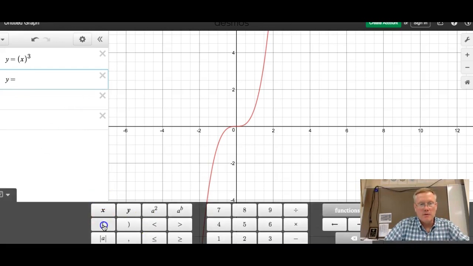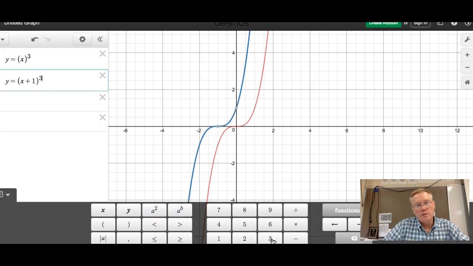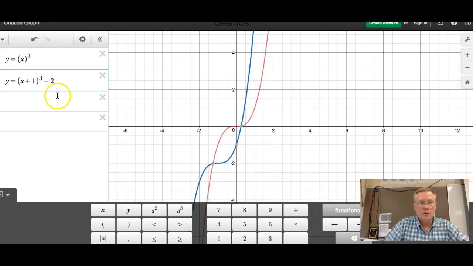And if I took the same kind of function, and I went (x plus 1) in parentheses to the third power, you can see it just moved it 1 to the left. Okay. If I put a minus 2 outside of it, well, now it moved it 2 units down and 1 to the left.